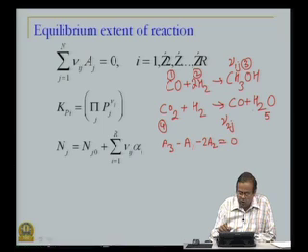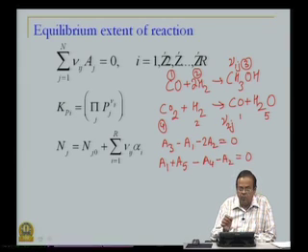What is my second reaction? This is my species 2 and this is my species 1. So, A1 plus A5 minus A4 minus A2 equal to 0 are my two reactions, and remember we are talking only about independent reactions. If we add them and create a third reaction, that is not going to count.